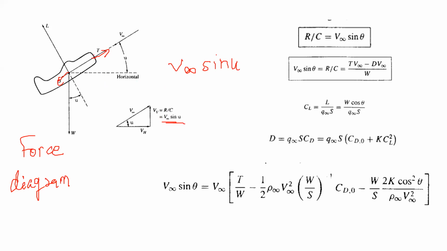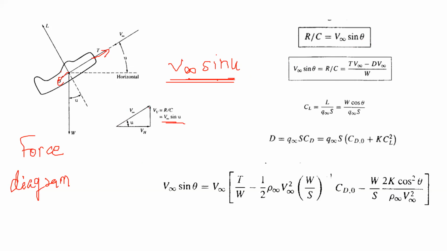Because you have some information about the drag, lift, thrust and weight, and you need this quantity. So in terms of forces, how do you arrive at this quantity V naught sine theta? On this side, I've denoted this angle with theta, so it doesn't matter. It's just the angle.